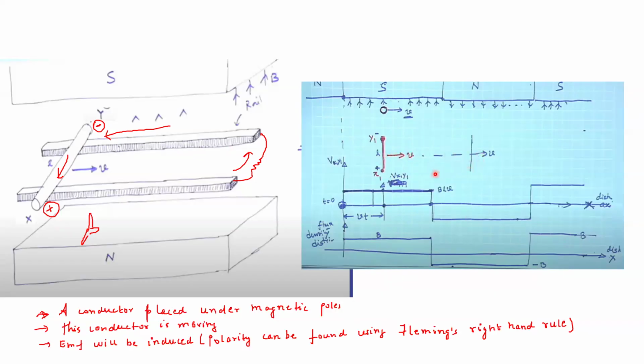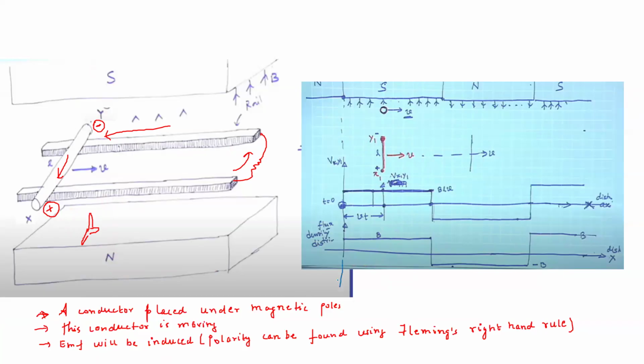When the conductor is at this position, which is the same position as in this diagram, the north pole is below. So I'll draw the other poles.